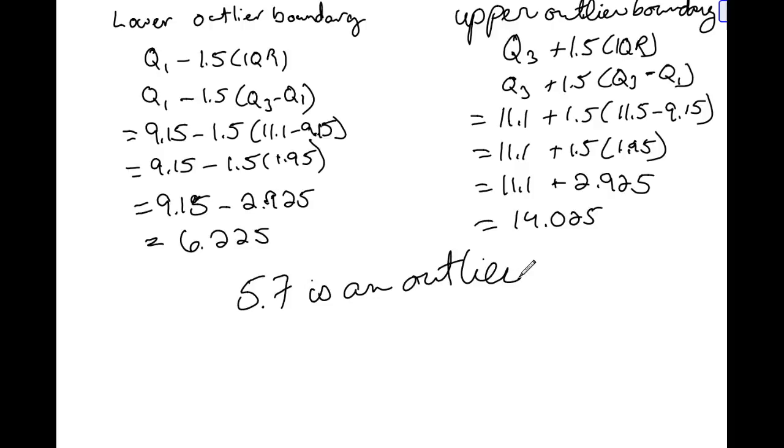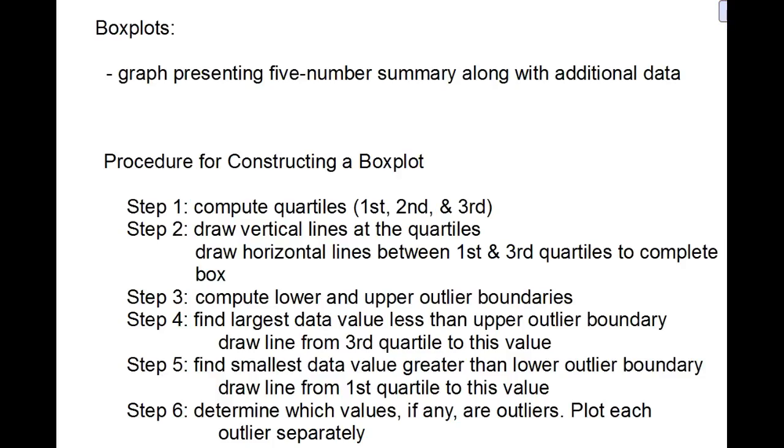So we have to be careful with our outliers and be able to identify them. Part of the reason why we want to identify them is just to know that they're there and be able to look at maybe what's causing them.